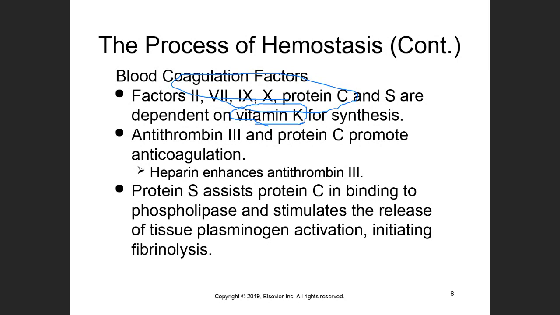That's why it's so important when you give a medication to the patient, especially warfarin, because warfarin inhibits vitamin K. When you give warfarin to the patient, you have to be very careful, because the first thing that you inhibit is this, and then you are going to promote anticoagulation. When you give warfarin, you want to promote anticoagulation.